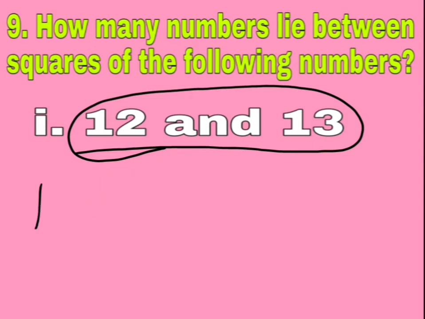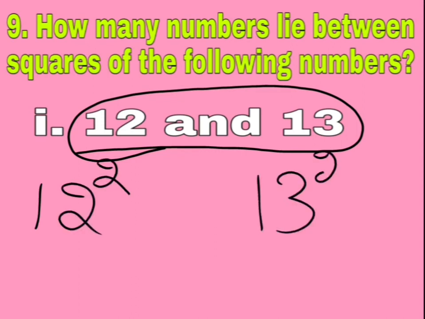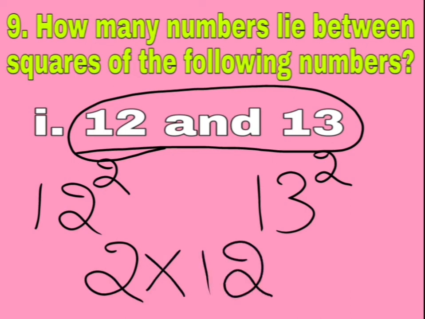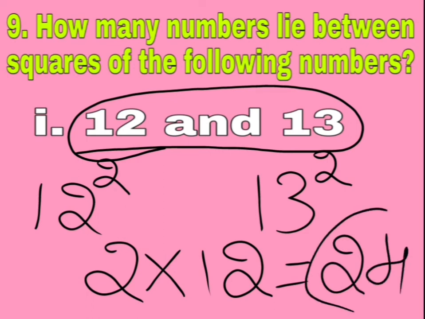So here, between 12 square and 13 square, how many numbers are we getting? We will not count, just multiply the first number by 2. The first number is 12. 12 twos are 24. Directly we write that 24 numbers we are getting between 12 square and 13 square with the help of our pattern rule.